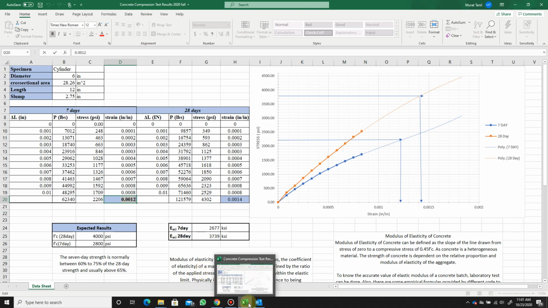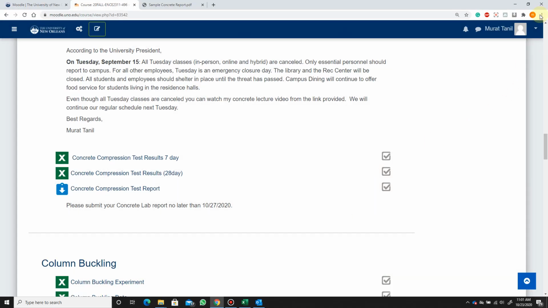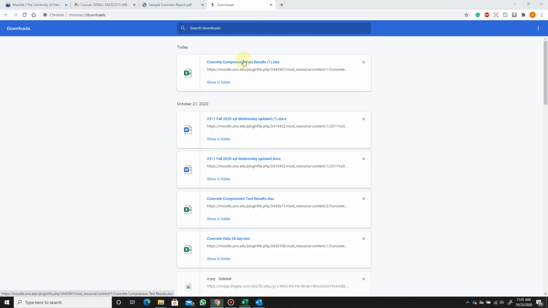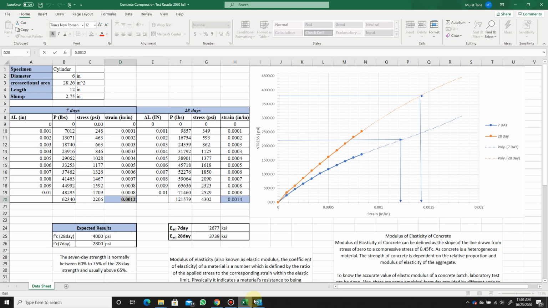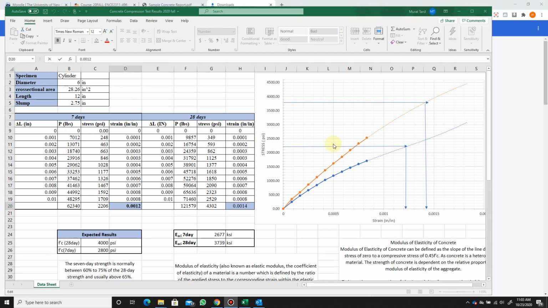One second. It's not pulling up. Well, I tried to open the original file, but I'm not able to open it.